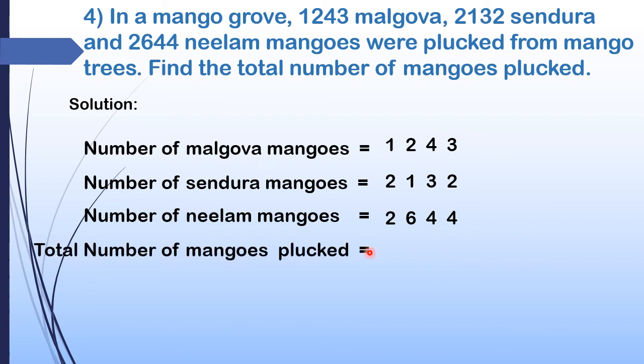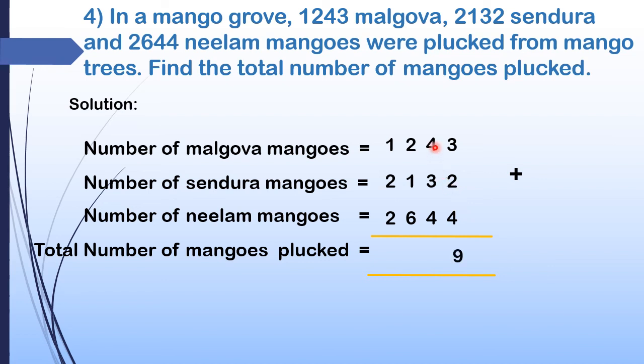Now we have to find out the total number of mangoes plucked. So we have to add these three numbers. We can add as it is. Now 3 plus 2. What is 3 plus 2? 5. Then 5 plus 4. Keep 5 in your mind, 4 in your fingers. 6, 7, 8, 9. So the answer is 9.